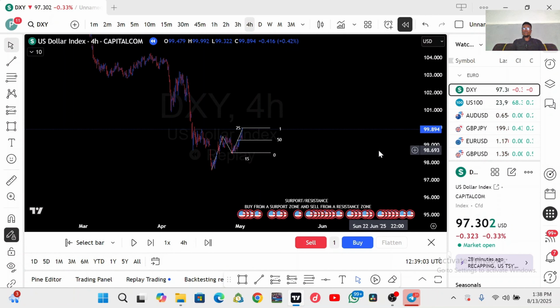Now, you can't buy this product at this level. No, no, no, no. Of course, you could see your price line here. You can see the difference: this is higher than this. So you want to see price come to a cheaper level. So anything from 50 to 0 is your discount. Then you are good to go.